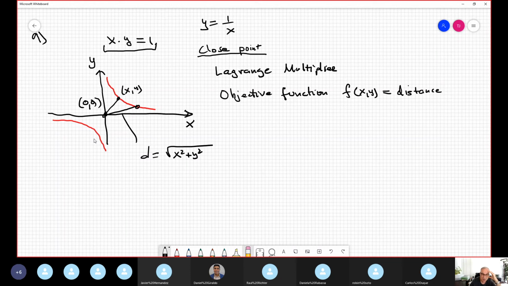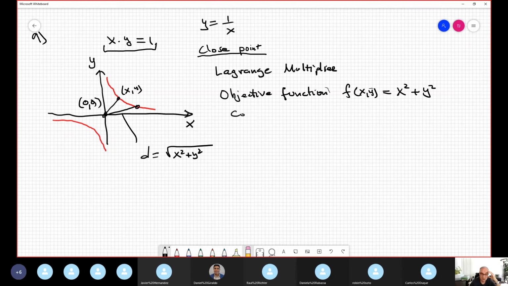I want to simplify a little bit, because if you consider the square root, the differentiation is a little bit more complicated. However, it's equivalent whether you consider the distance or the distance squared, so it's easier to manipulate algebraically. When you minimize the distance squared, you minimize the distance. It's the same.